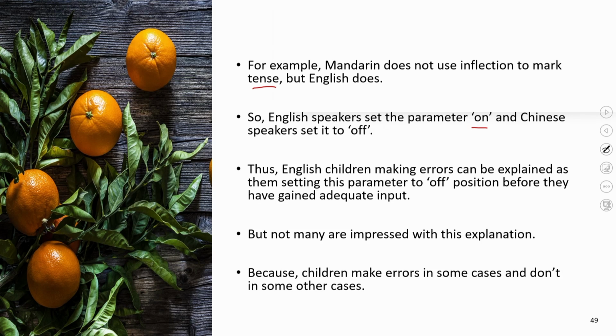Thus, English children making errors can be explained as them setting this parameter to the off position. If you are taking the idea of inflection and putting it in the category of parameters, then there is a possibility that you can wrongly switch on or off one of the parameters. That is the idea here.